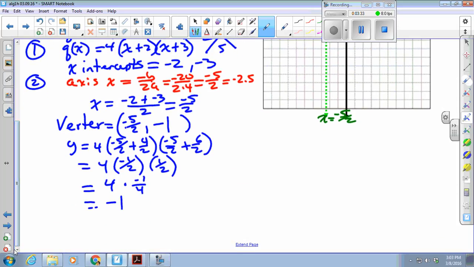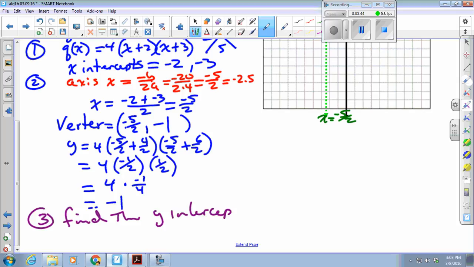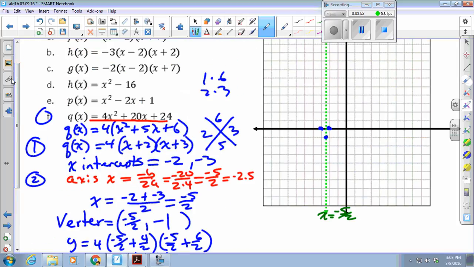Step 3, we want to find the y-intercept. The nice part is that anywhere the y-intercept is, notice that on this graph, on your y-axis, all the x values on that y-axis are 0.